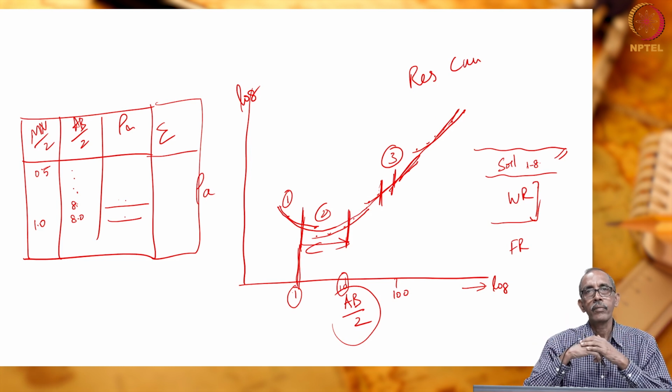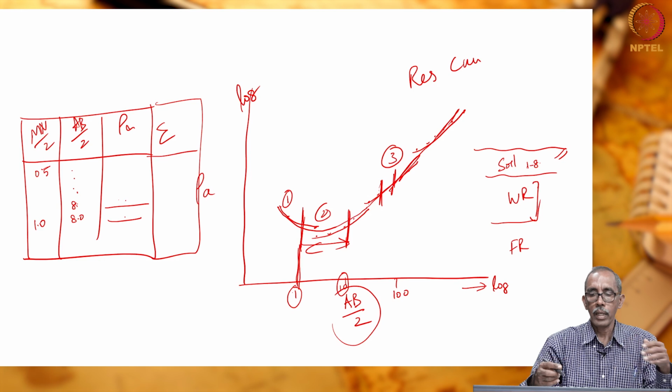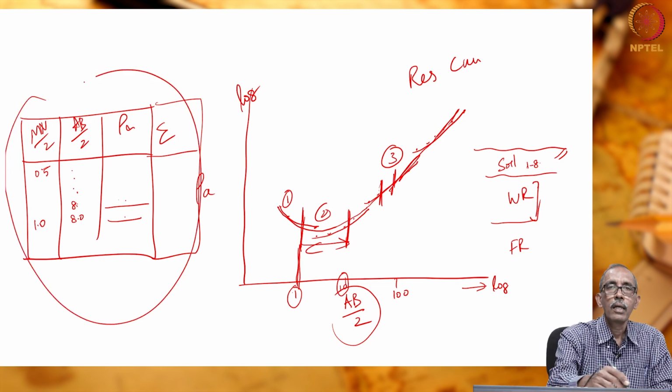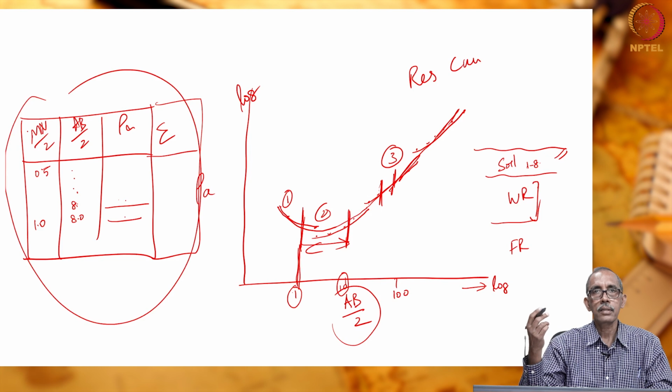So, this is how a vertical electrical sounding can be carried out in the field and the interpretation can be made. Here we have seen just an interpretation by drawing a resistivity curve. The same data can be given as an input to IX1D software, right, or there are several other software that work on the principle of inverse modeling, right.